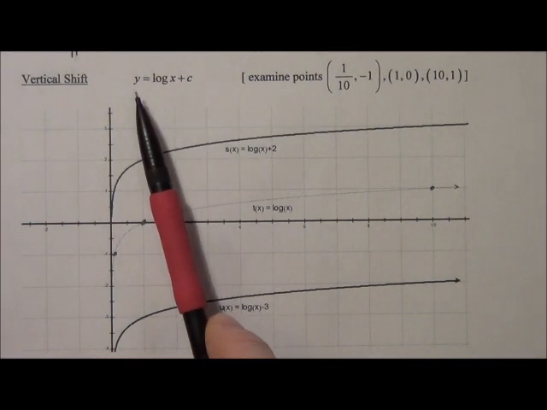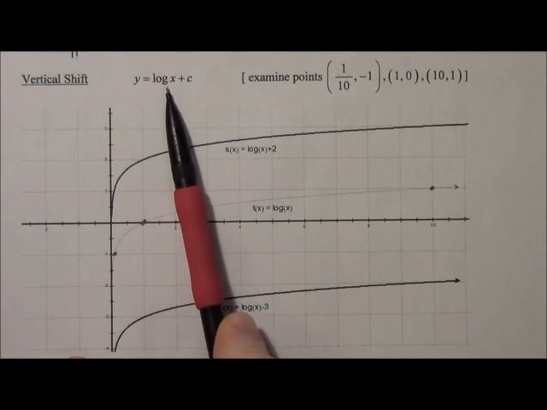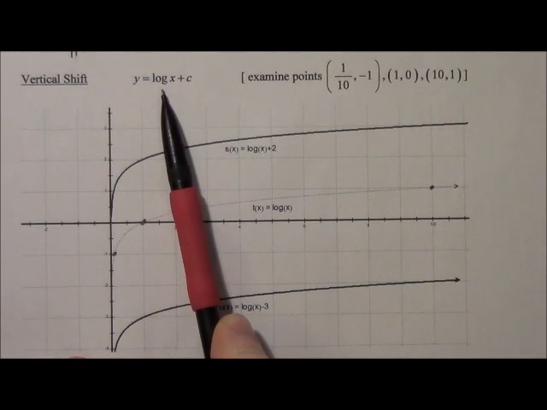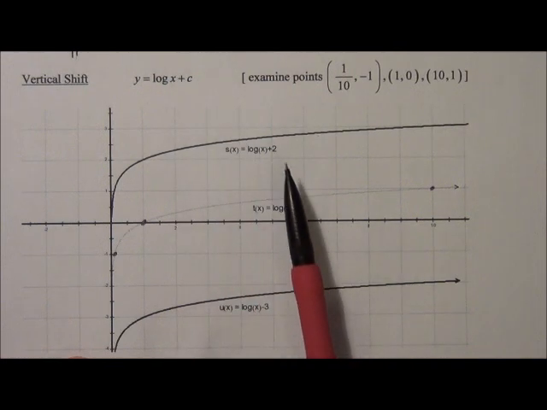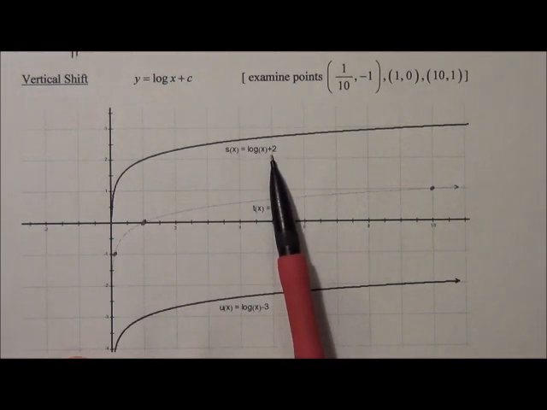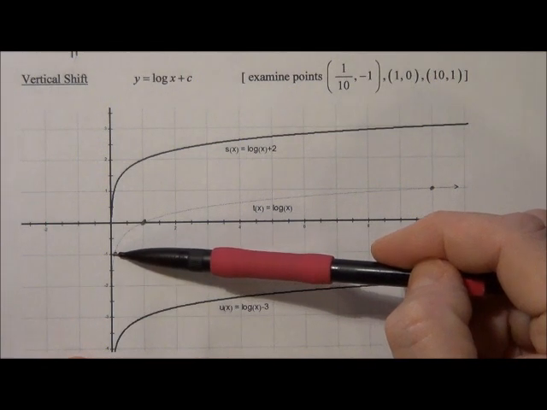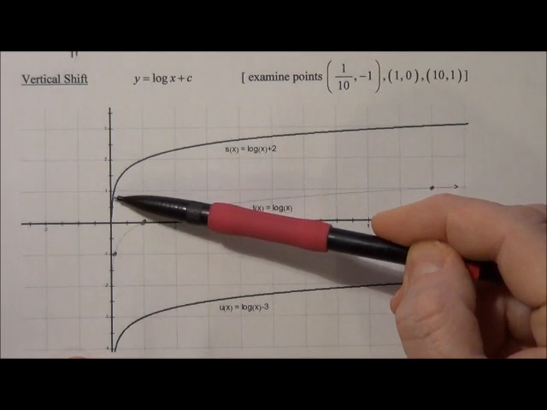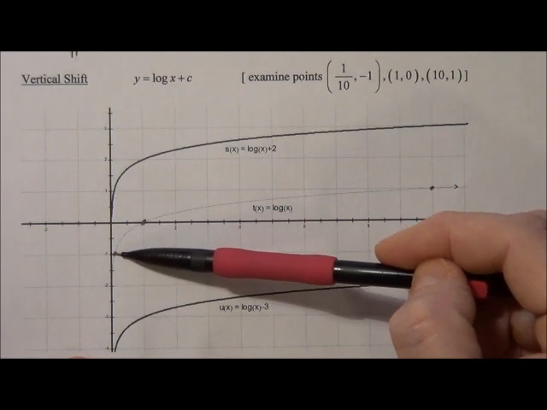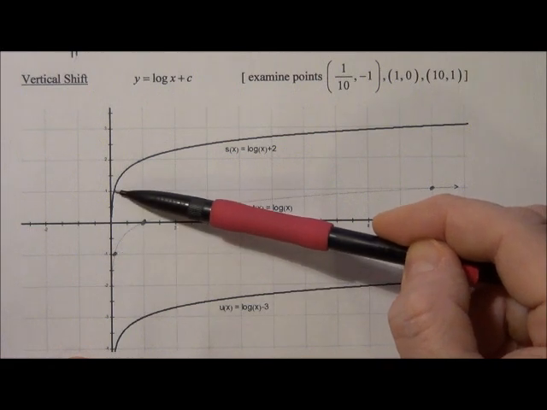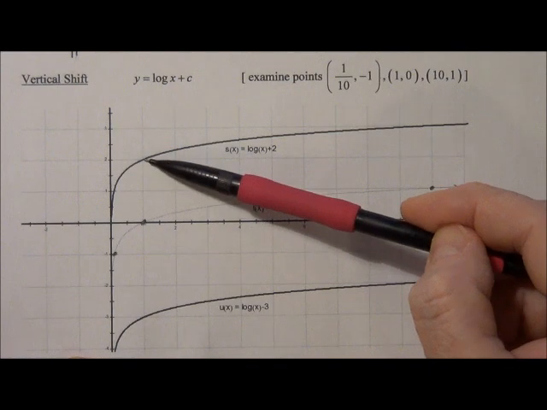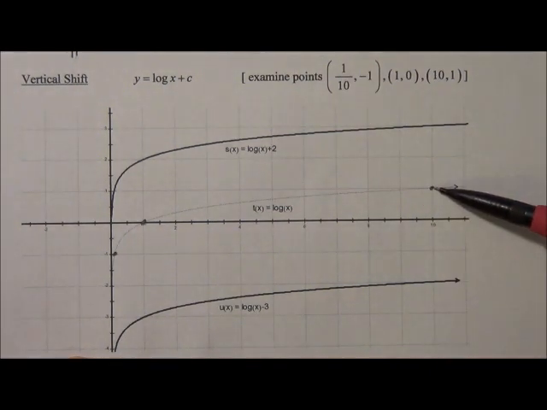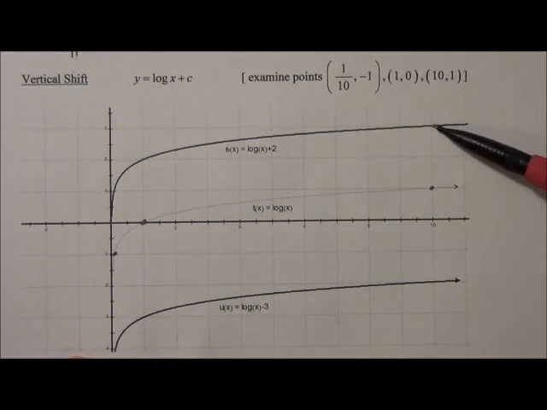The form of a function that's undergone a vertical translation is y equals log x plus c. So here, if we're going to add 2, all of these points are going up 2. So this point of (1/10, -1) becomes (1/10, 1). This point of (1, 0) becomes (1, 2). This point of (10, 1) becomes (10, 3).